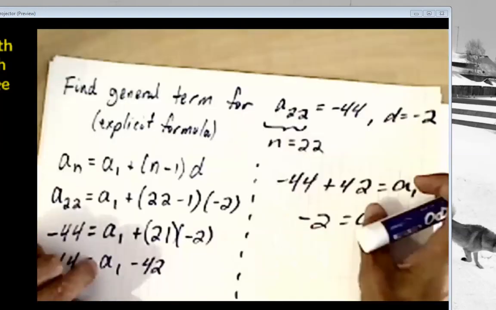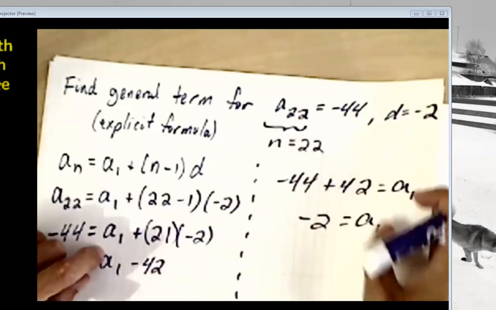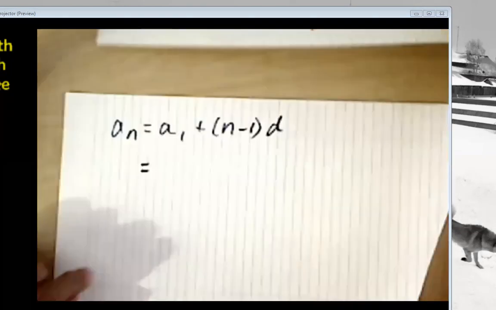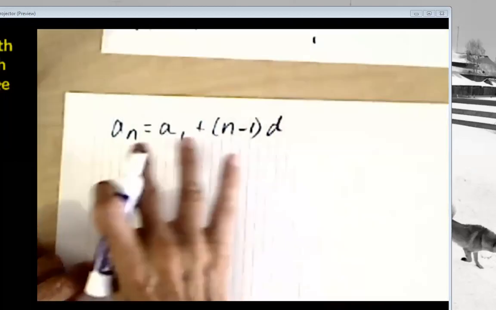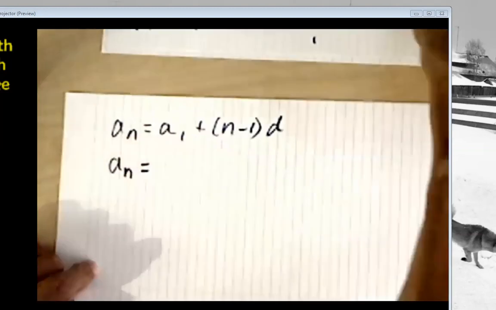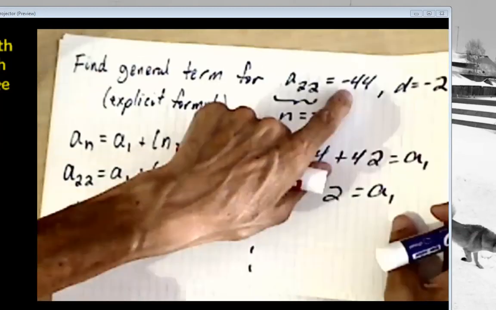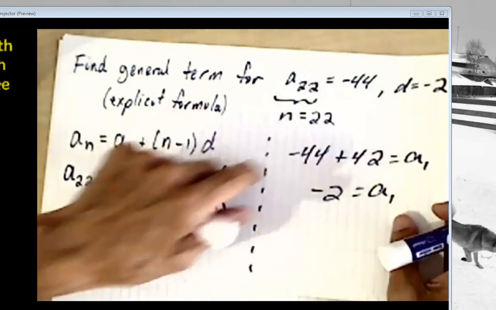But for our final formula, yeah, I tricked you. You leave N in there. N just stays. We were given N for this specific number. We want the formula for all numbers.